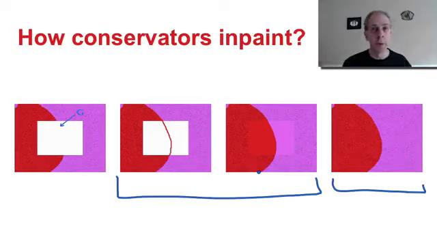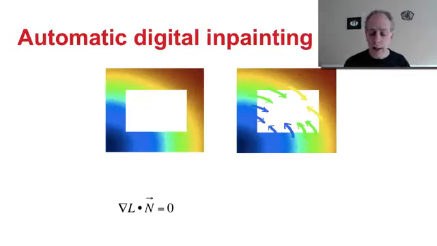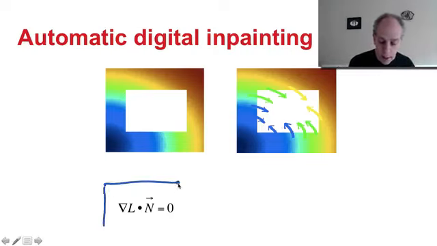Now, the job is to design a partial differential equation that emulates this process. And here it is. We have basically the image outside and we have a region of missing information inside, and we want to propagate the information from outside in.